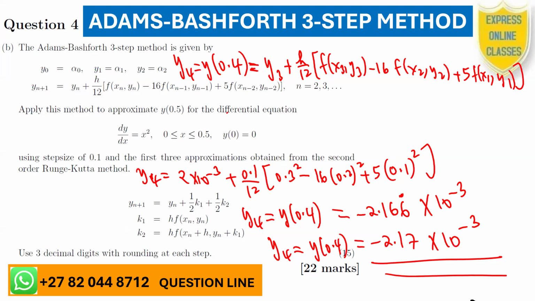Right, so that is what we have. So this gives us y4, but let's check this y4.